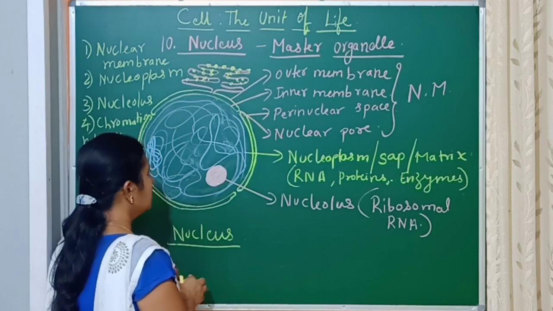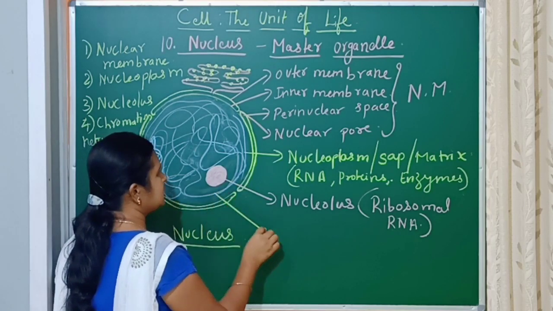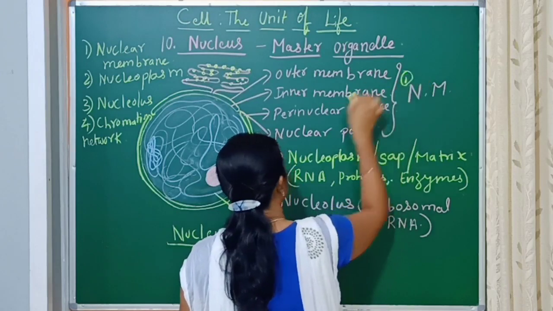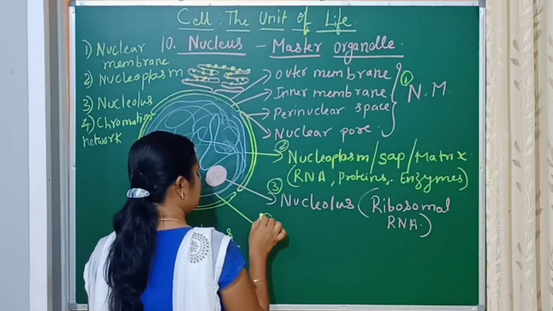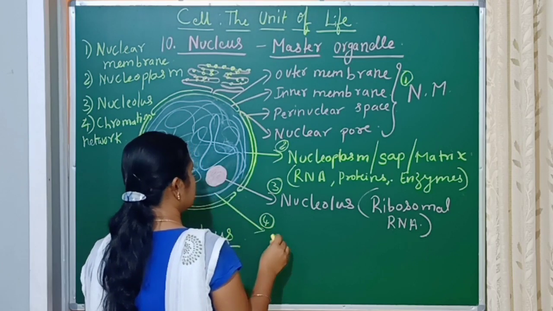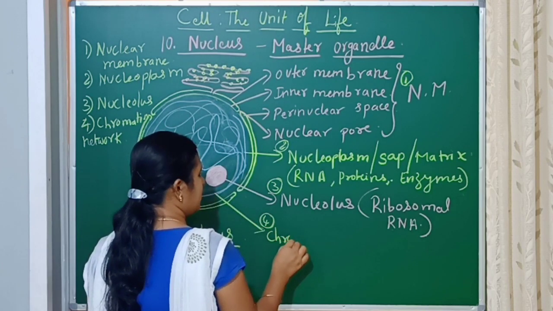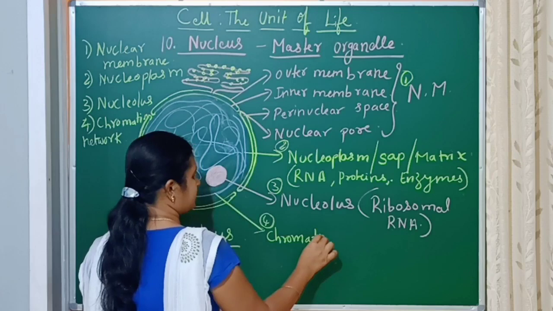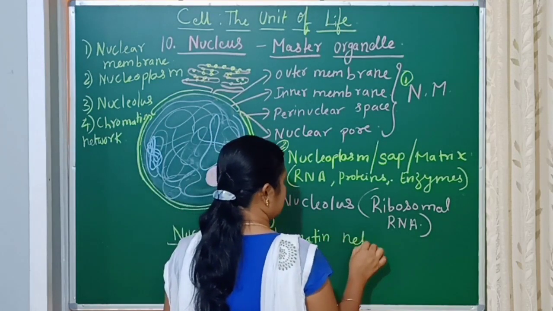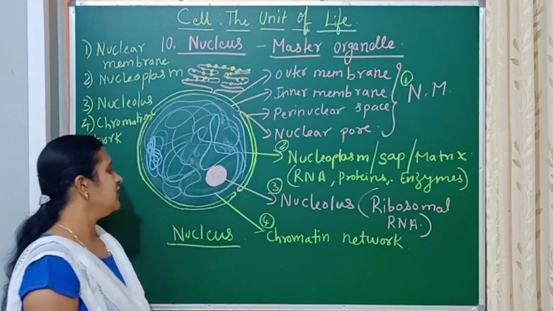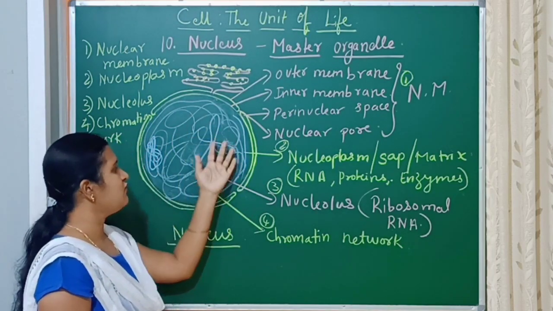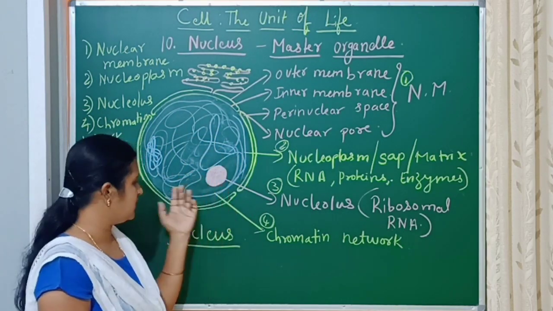Next, coming to the chromatin network. So: nuclear membrane, nucleoplasm, nucleolus, and now the fourth important part of the nucleus, the chromatin network. The chromatin network is nothing but DNA in the form of thread-like structures inside the nucleus.